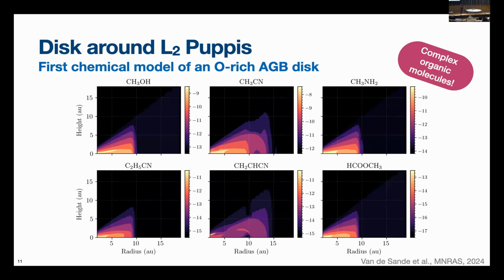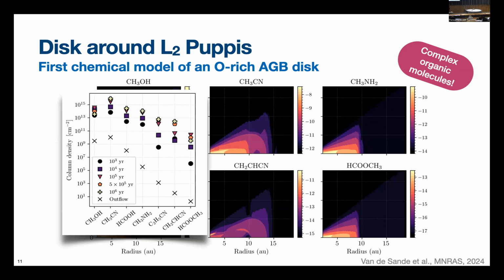For example, the formation of complex organic molecules within your disk midplane. So you can have quite high abundances of, for example, methanol, CH3CN, and some longer complex organic molecules as well. And here I show you the column density of the complex organic molecules as found in the disk compared to the column density that they would have in a low-density oxygen-rich outflow, so the surrounding outflow of L2 Puppis.